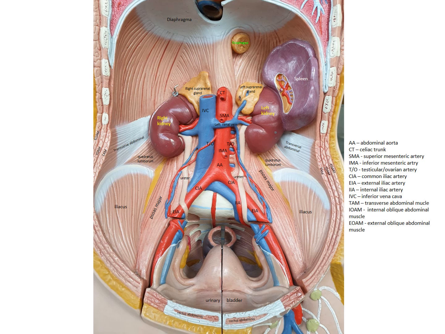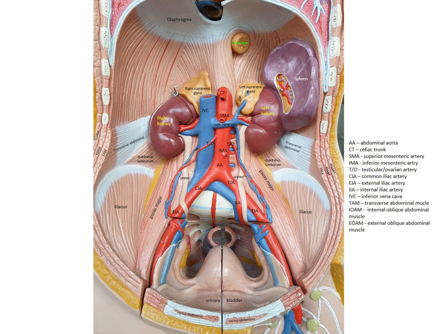Paired visceral branches are right and left middle suprarenal arteries, right and left renal arteries, and right and left testicular or ovarian arteries. The abdominal aorta bifurcates and divides into the common iliac arteries, right and left.